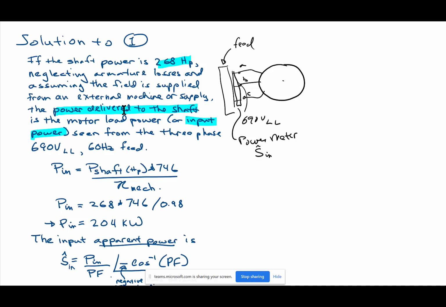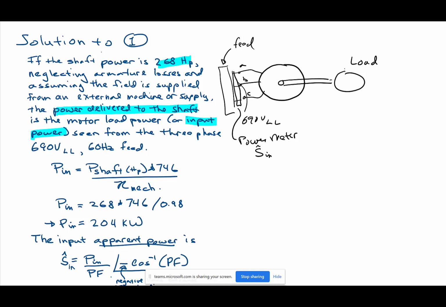Now the motor ultimately is going to be feeding some mechanical load. It could be a big pump or something, a lot of different things it could be.